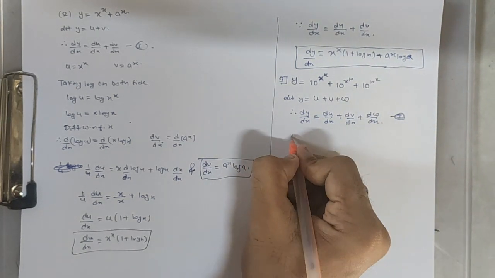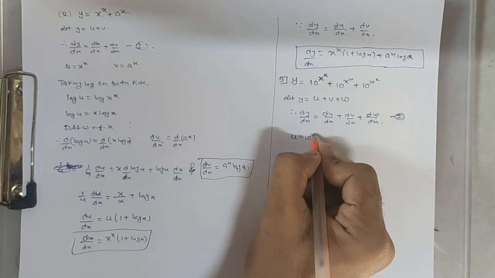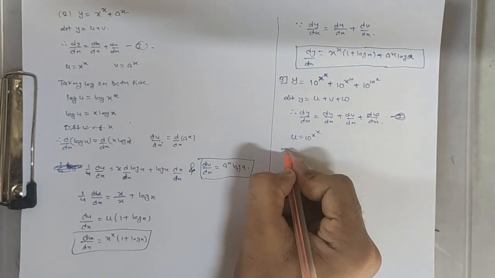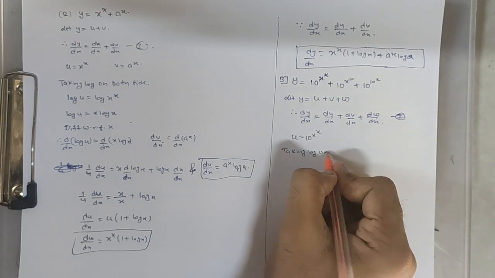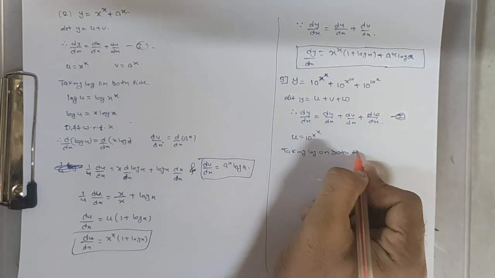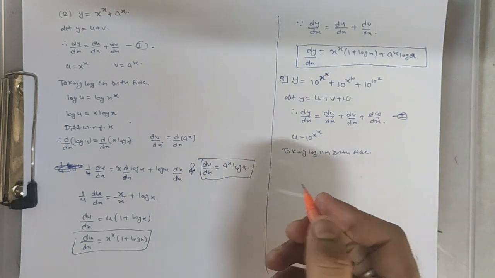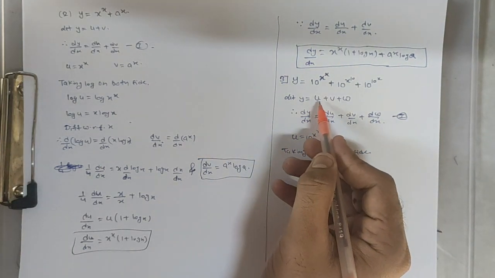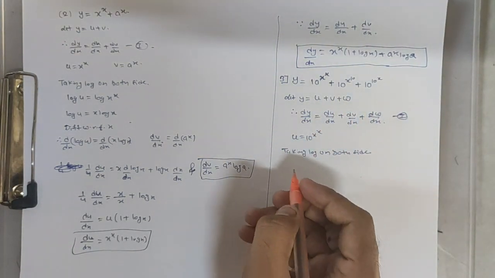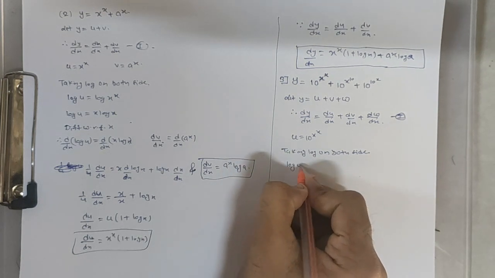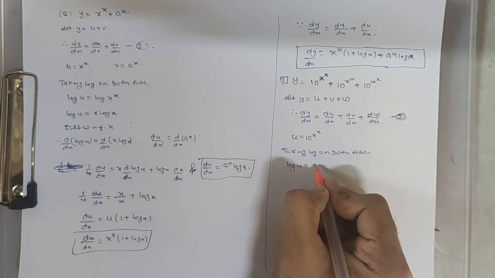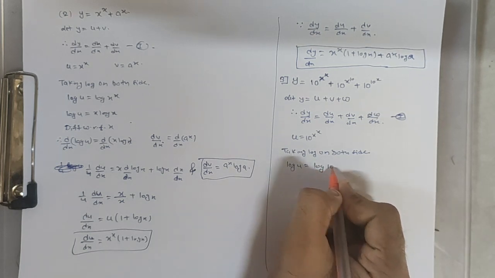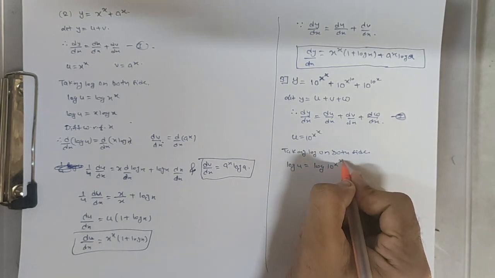So u will be 10 raised to x raised to x. So taking log on both sides. Now I am solving one by one, first u, then v, then w. So log u is equal to log of 10 raised to x to the power x.